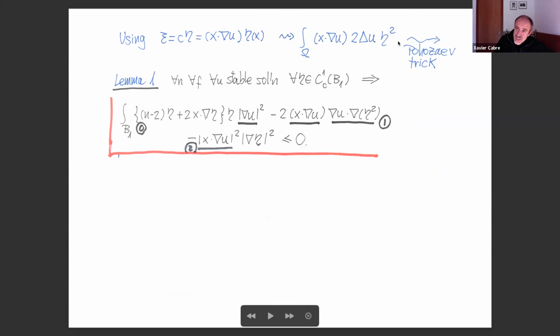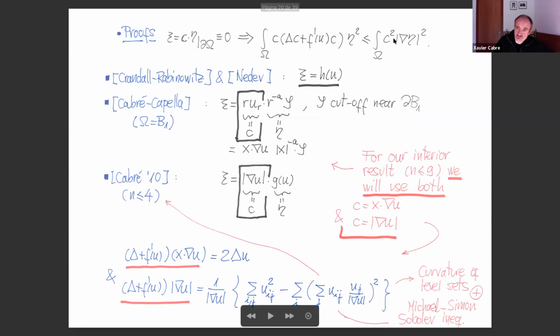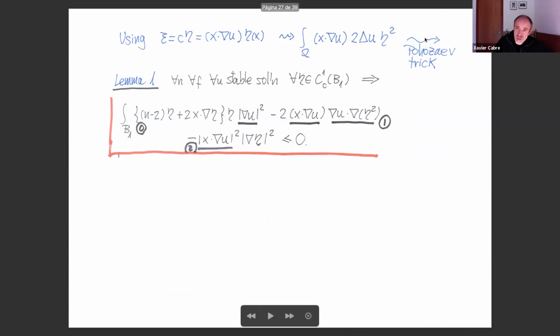On the left-hand side, this is going to be bounded by C square, let's go back to the previous, C square grad eta square. So x grad u square times grad eta square. Now this, you don't like second derivatives. Here you integrate by parts and you use the Pohozaev trick to make second derivatives disappear. This is just the Pohozaev trick.